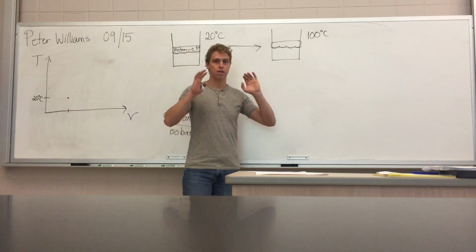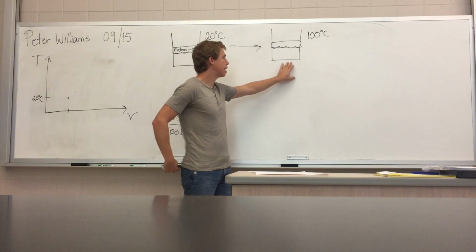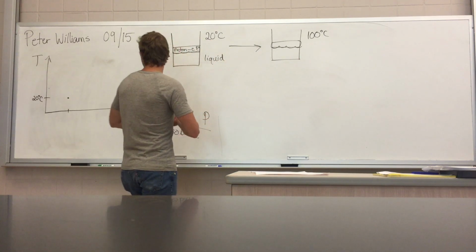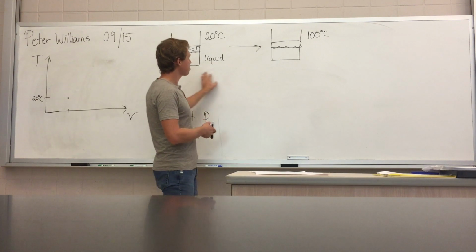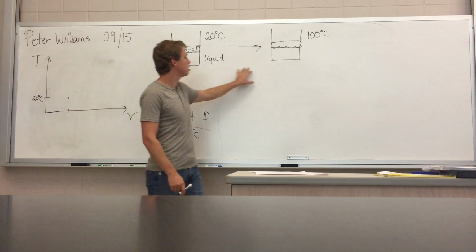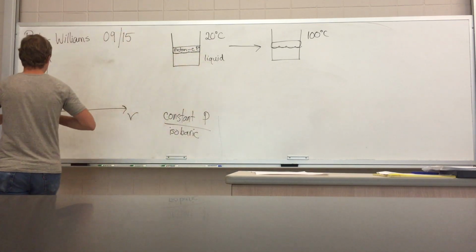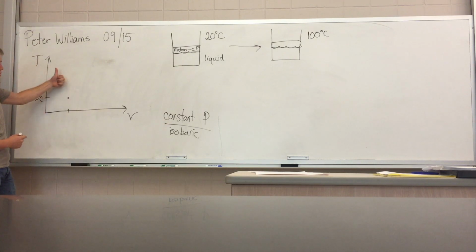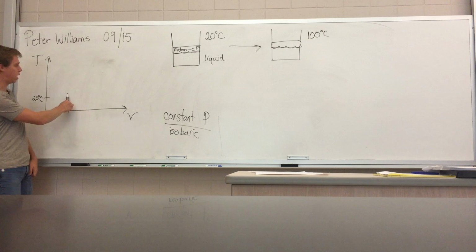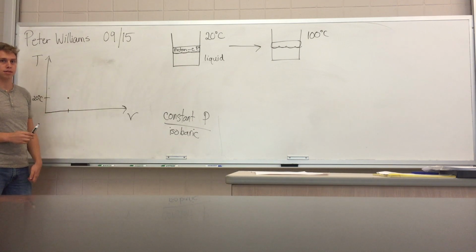So if we just stop and freeze our whole experiment and look at this snapshot, we're going to see something interesting is going on. So first on our process path, what was happening as we increased the temperature? Well, we know that the temperature was going up. So some component of our process path was going upwards, up with the temperature axis.